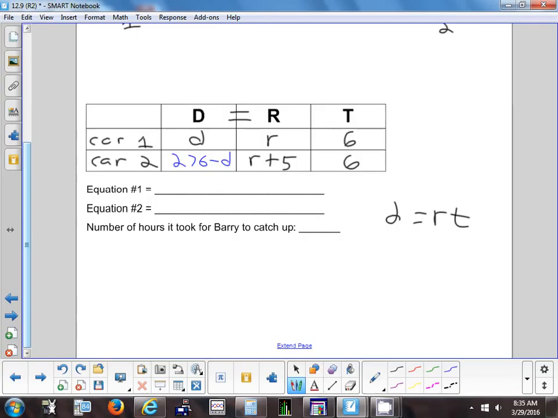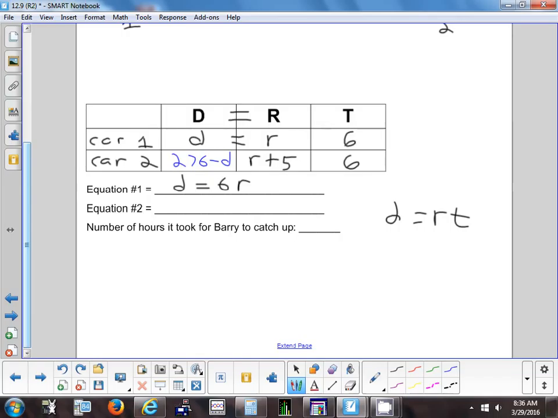So, can anyone give me equation 1? D equals 6R, or R6. Perfect. Just put an equal sign right there. Distance equals rate times time.